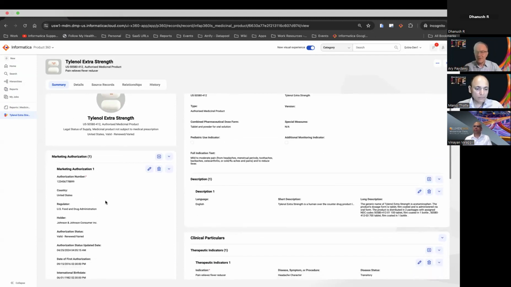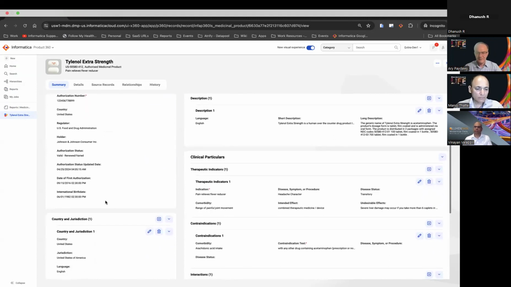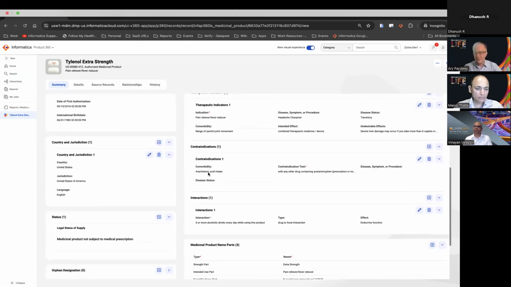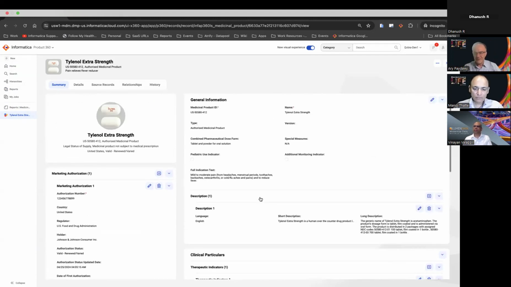Is this product authorized, and when did that happen? Who is the market authorization holder? What about the country jurisdiction information, the statuses, and so forth? This is all built into the data model we alluded to as well.